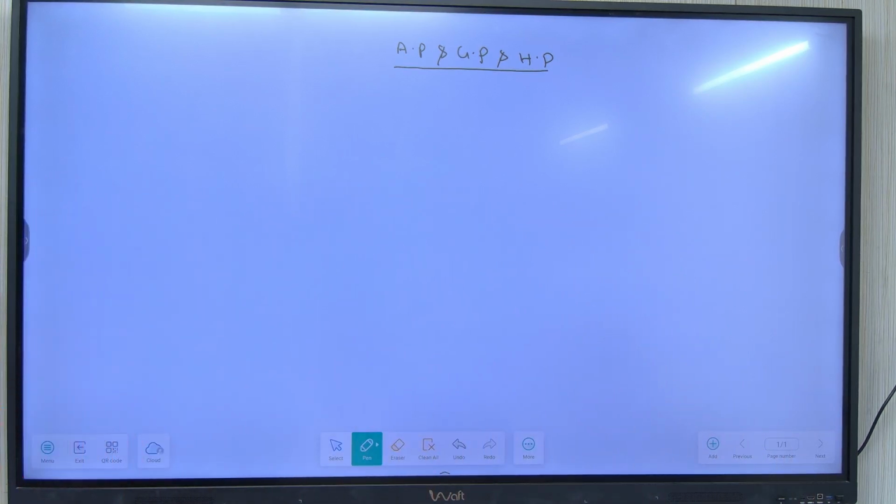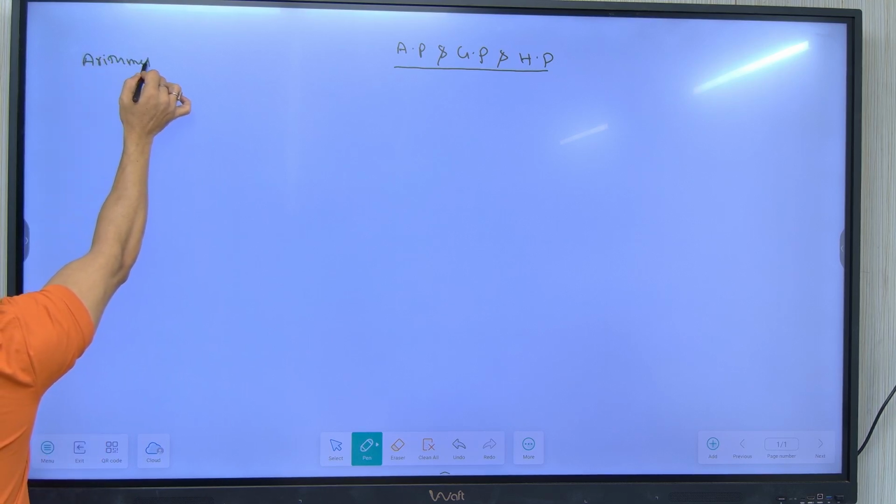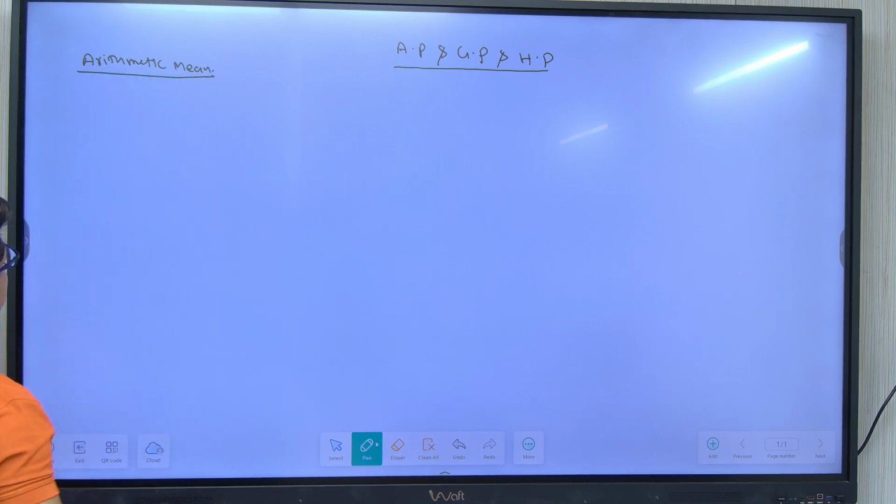Second is arithmetic mean, AM. If there are two numbers, and I ask you whether these numbers are in AP or not, can you identify?